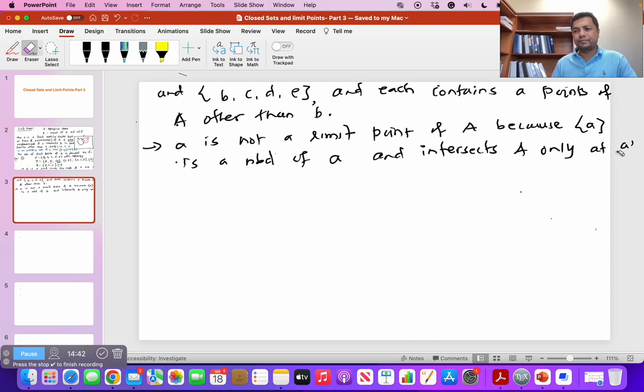Okay, so far we found that a is not a limit point and B is a limit point.